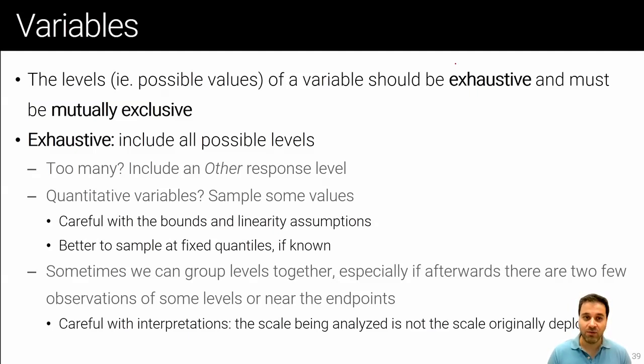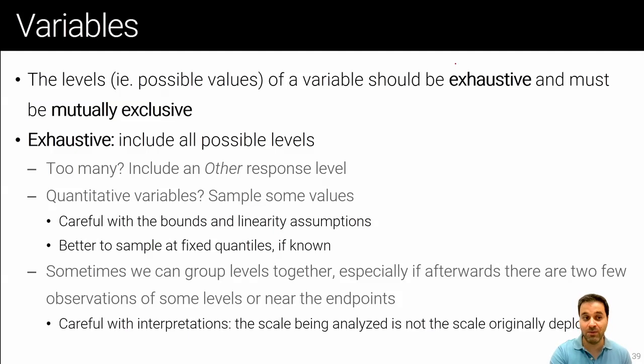When doing this, we have to be careful about two things. One is we have to be careful about what happens in the bounds of the scale, because usually there's some funny behavior around the boundaries of the scales, and linearity assumptions. Maybe we assume that the relationship between this variable and the response variable is kind of linear, and so we just sample these values uniformly across the scale, when maybe we shouldn't.